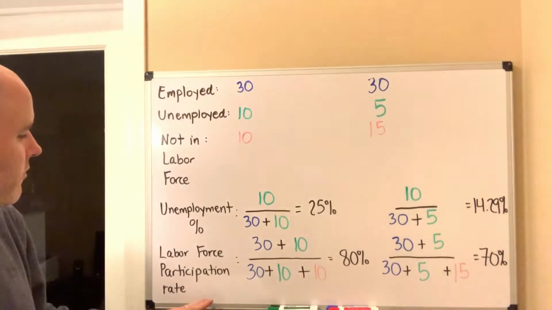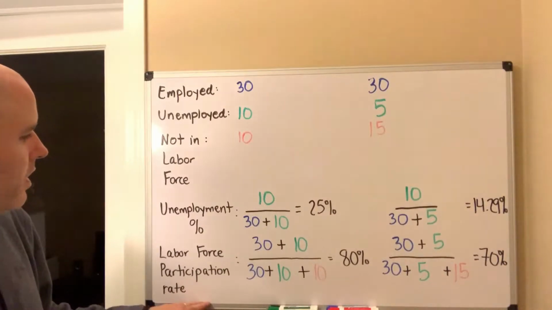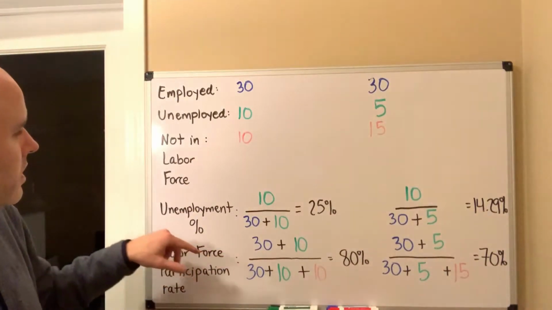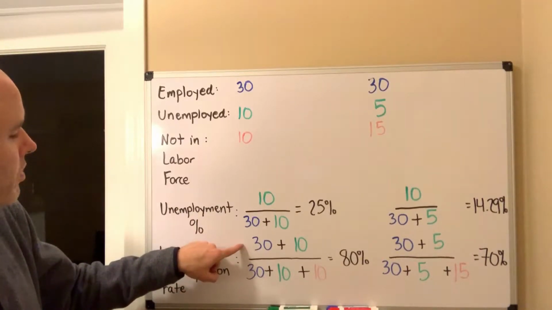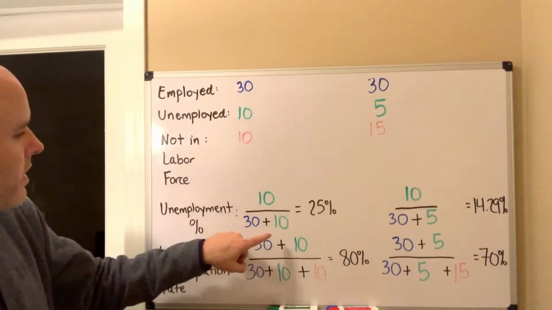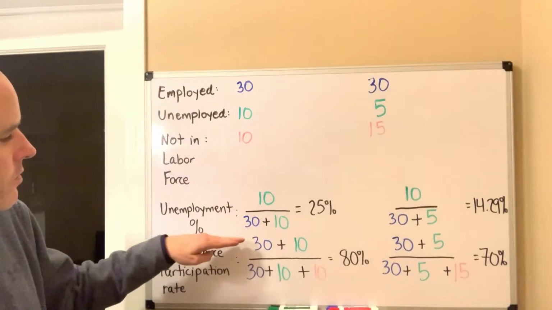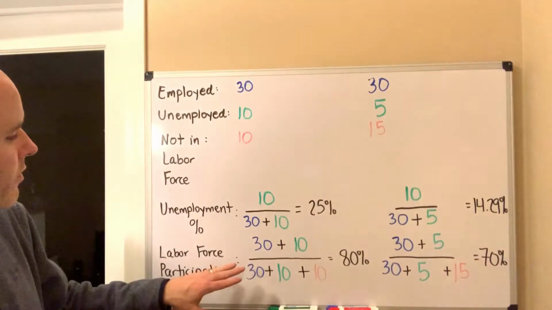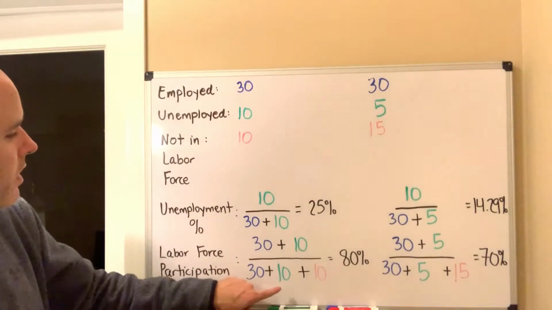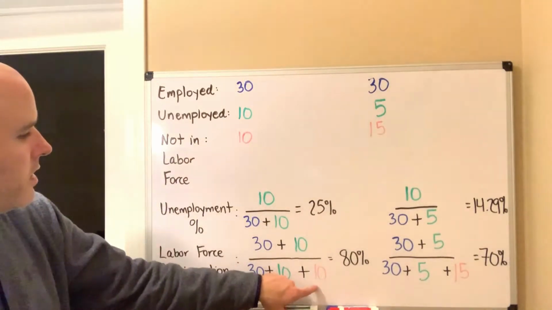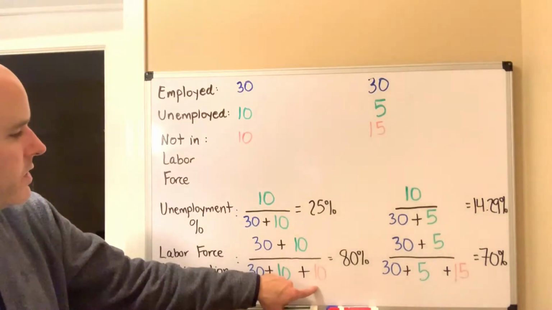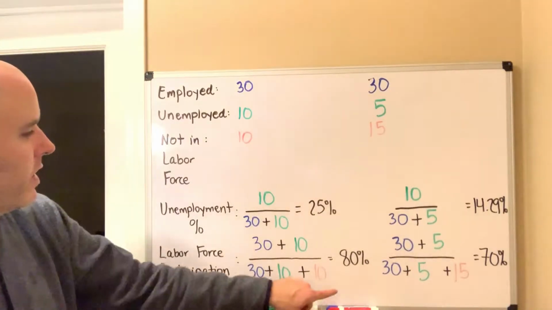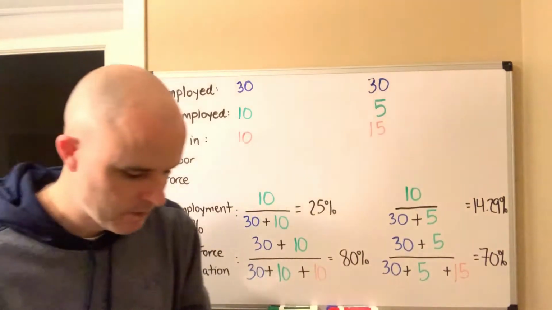Now down here, the labor force participation rate is just a little more involved. So you take the employed, you add the unemployed, that's going to go in the numerator. Okay, and in the denominator, we have all three: the employed, unemployed, and the people who are not in the labor force. Okay, so we arrive at a labor force participation rate of 80%.